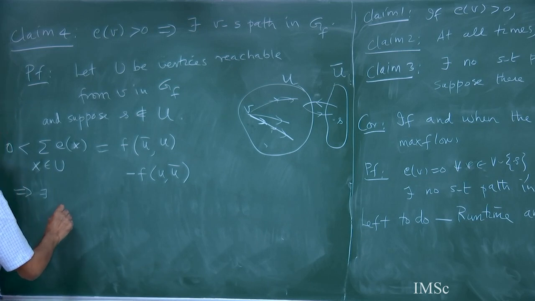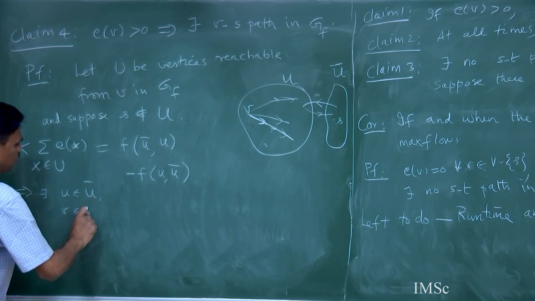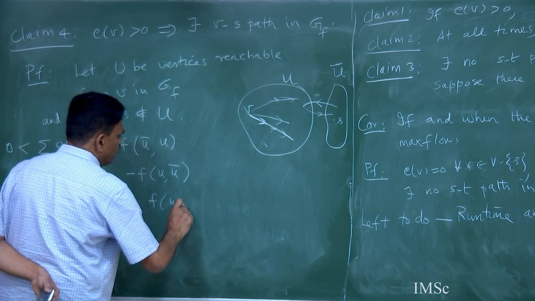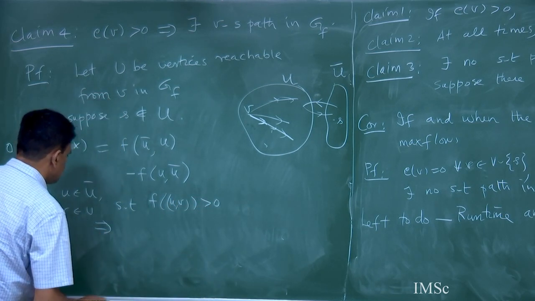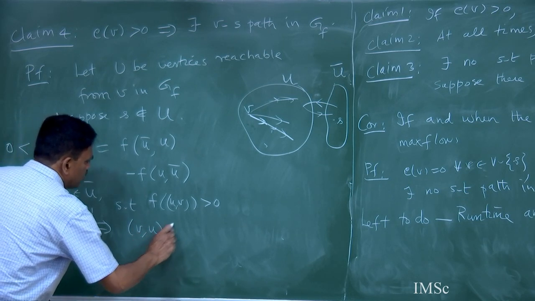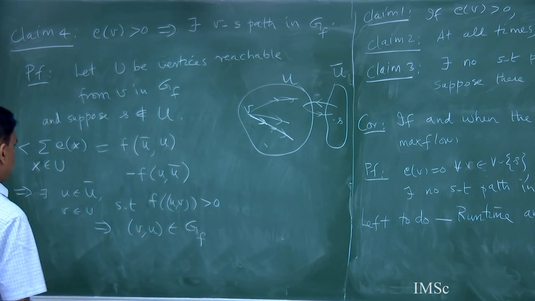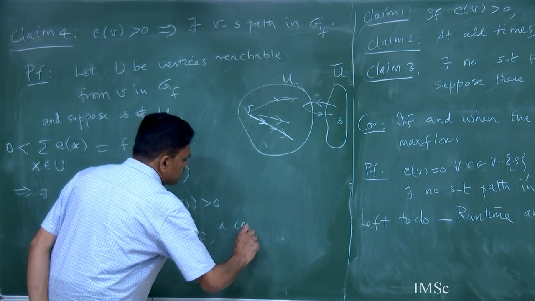So there exists a U in U bar, V in U, such that f(U,V) is strictly greater than 0, implies the edge (V,U) is in G_f, but V is in U and U is in U bar, a contradiction.